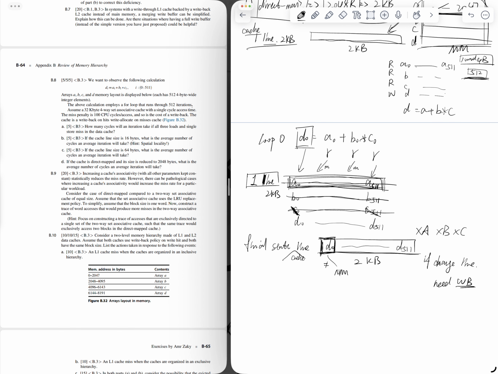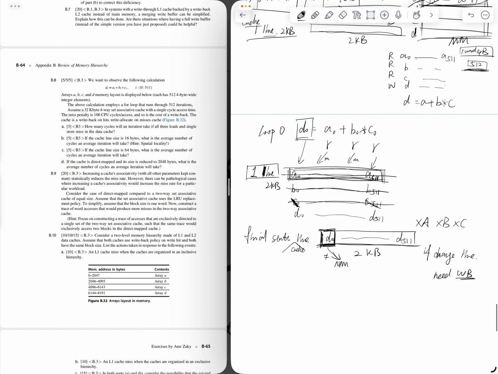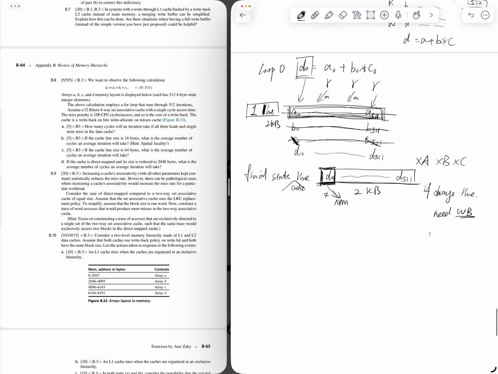We need to write back the modified data into our main memory. Okay, so I will say I keep my main memory here with A, B, C, D, and my cache line in my cache. So when will we need to change the line?